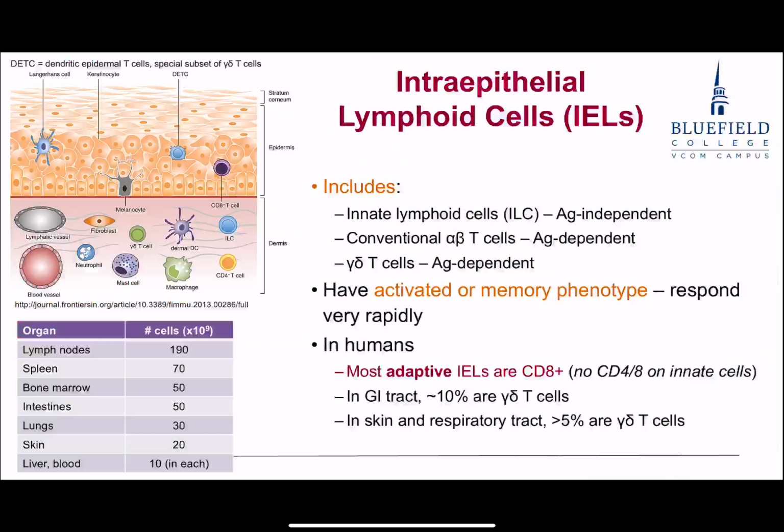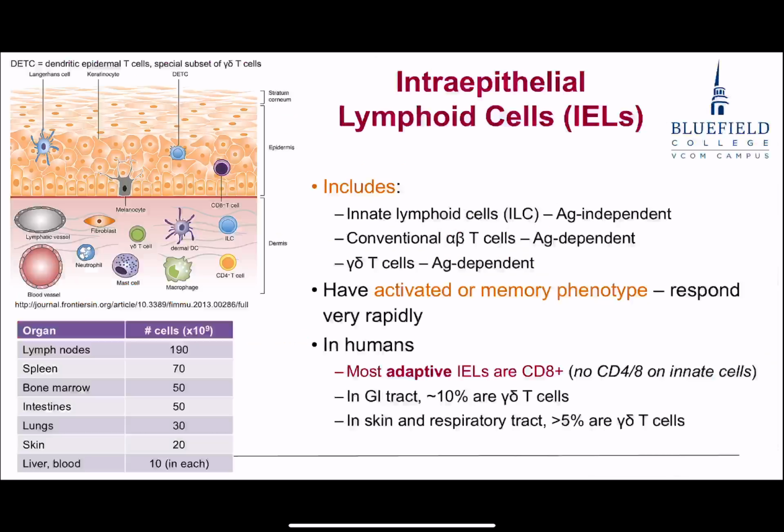If we're talking about the IELs, so this is a good example there. Okay, so there's not one on this slide. That gray cell, instead of reading melanocyte, pretend that's a gamma delta T cell, because that's where it would be living. It's at that epithelial barrier, or it's actually interdigitated into the epithelial barrier.